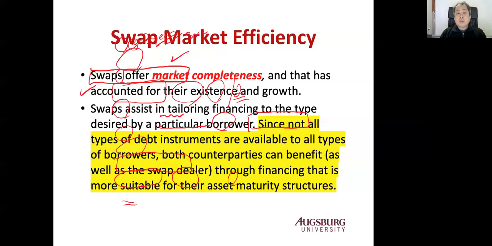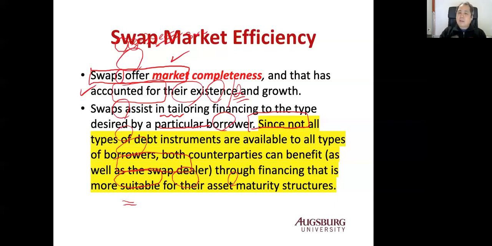You are not able to buy it. So both counterparties can get benefits, and also the swap bank, through this financing, more suitable for their asset maturity structure. So based on their needs, they can probably get the cheapest loan in the direct market, but if they don't have one, and others can access that market, you can actually have a swap contract and get a benefit.